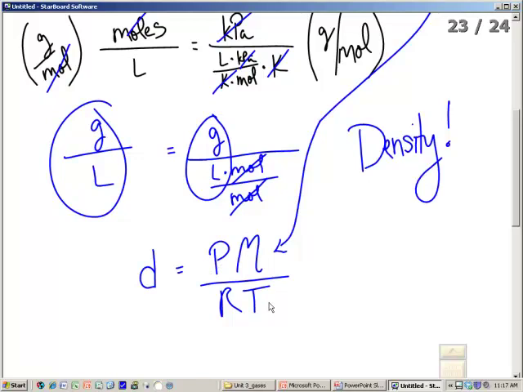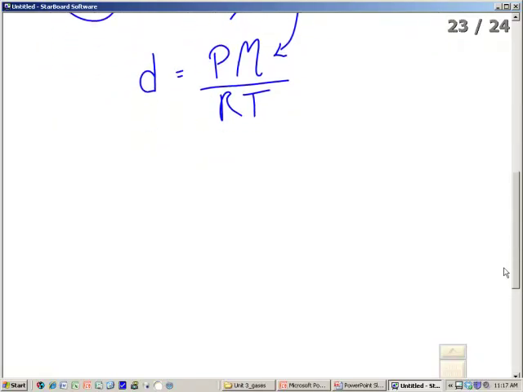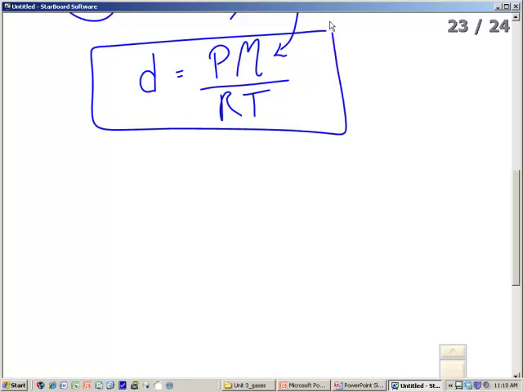This is just yet another use of the ideal gas law. So now, when we get the density of a gas, you need to realize that it is equal to the pressure times molar mass over RT. This formula is a tricky little bugger to remember when you're doing your AP exam, because they may give you the density, the ideal gas law, the temperature, the pressure, and say, hey, what is its molar mass?